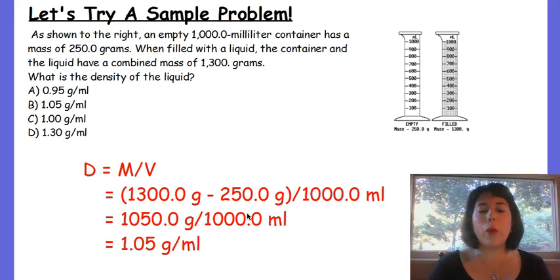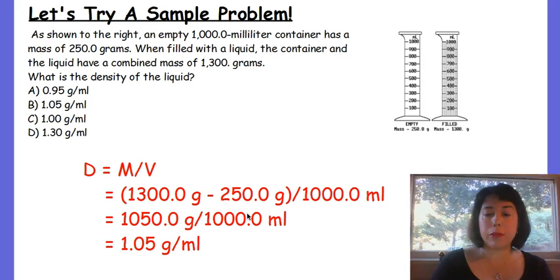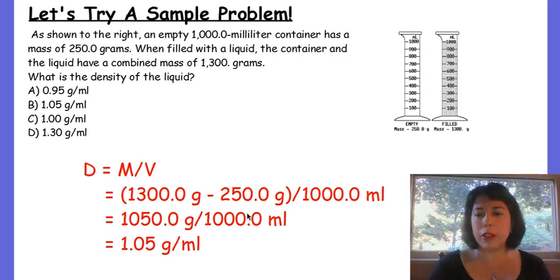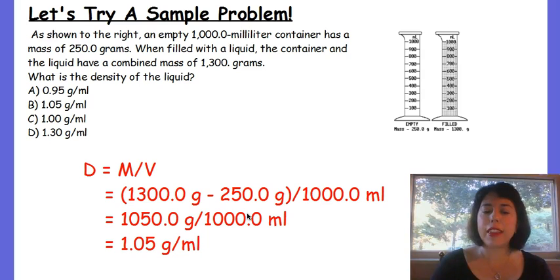And that works out to being 1,050 grams. I also know since I filled the graduated cylinder, I'm going to have a volume of 1,000 milliliters. So I take 1,050 grams divided by 1,000 milliliters, and I end up getting an answer of 1.05 grams per milliliter. And my answer ends up being B.